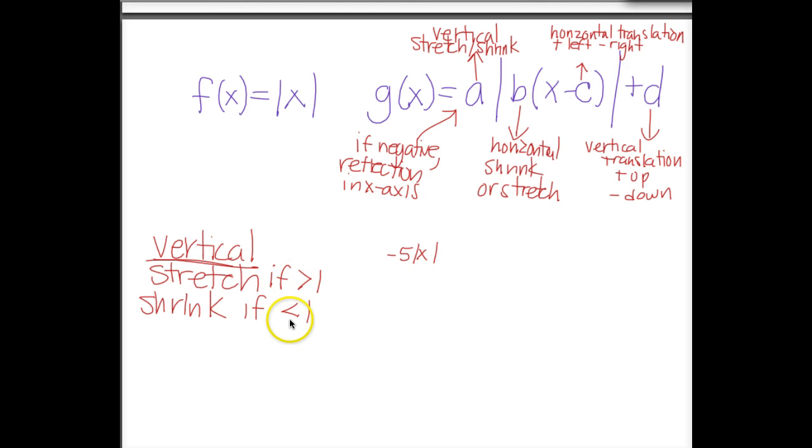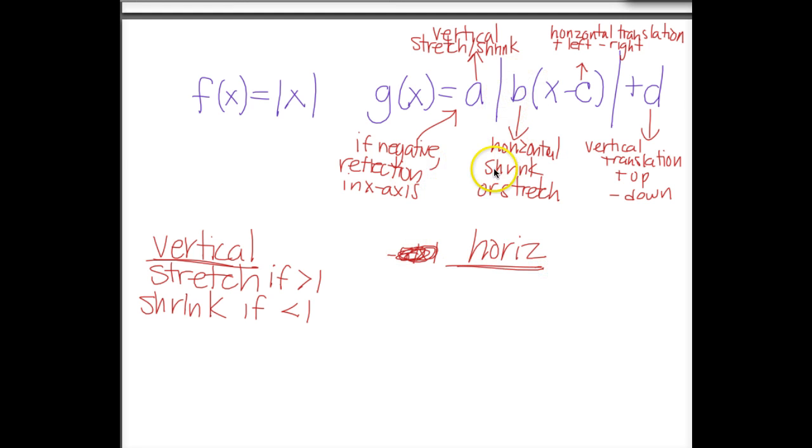So again, we're only looking at the actual A part, not the sign. So if it's a number that's bigger than 1, it's going to be a stretch. If it's a number that's smaller than 1, such as 2/3, 1/2, 1/4, all of those fractional values, that's a vertical shrink.